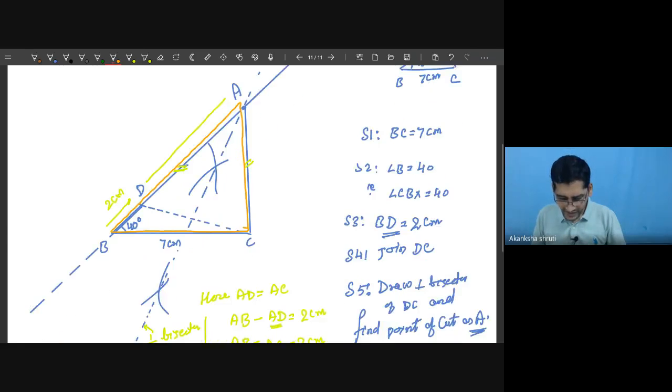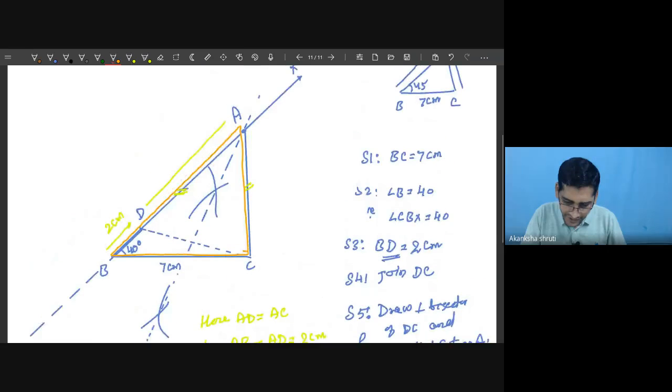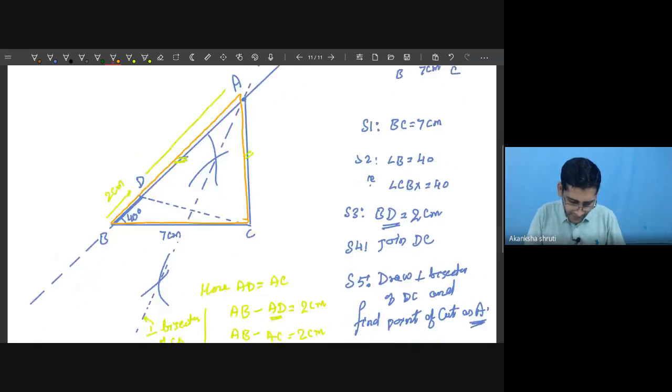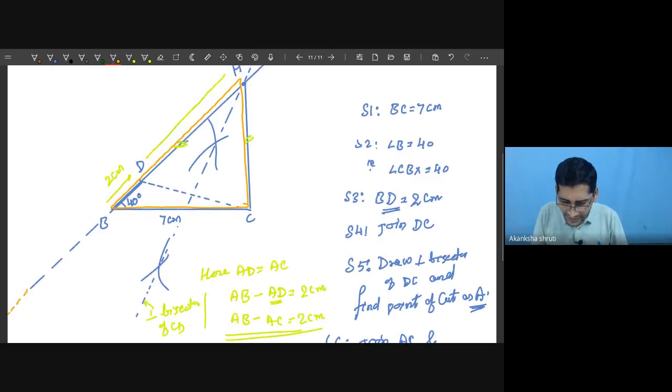A student, here we have projected the BX backward like this one we had projected. Why? Because sometimes it is possible that if you draw the perpendicular bisector of this CD, it may cut it like this one. If the perpendicular is like this one, it will cut on this side.